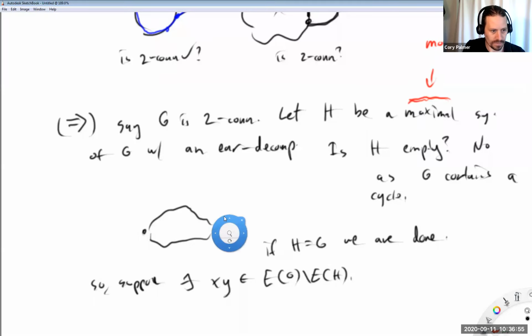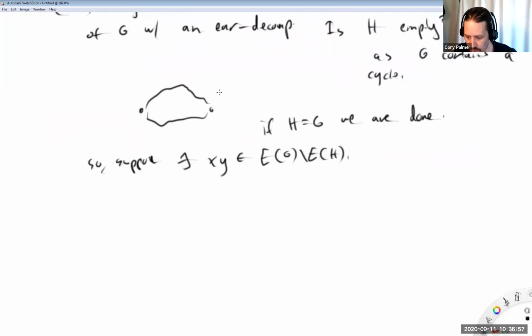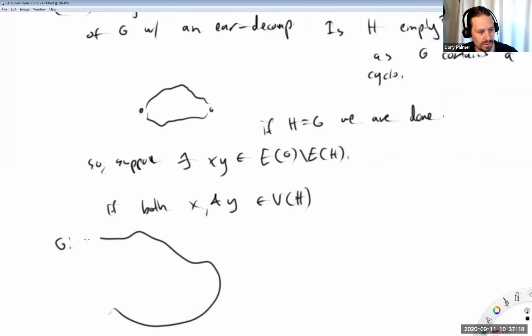Okay, so we've got an edge like that, and now let's look at two pictures here, and I'll split them up. So if both X and Y are in the vertex set of H, let's illustrate that. Here's my graph G, and then H lives inside of G. So H is a subgraph of it.